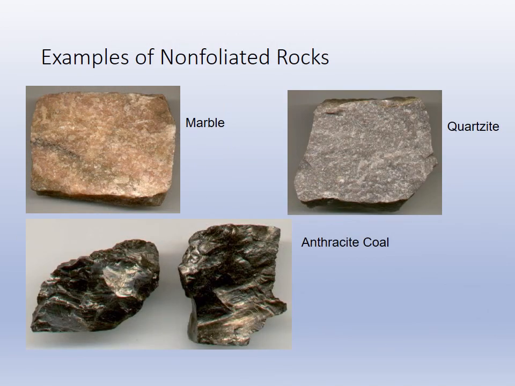Non-foliated rocks are the marble. Marble comes from limestone. It will effervesce, easy test. Quartzite. Quartzite comes from heavily quartz-containing granites. And then anthracite coal comes from squeezing bituminous or sedimentary coal.